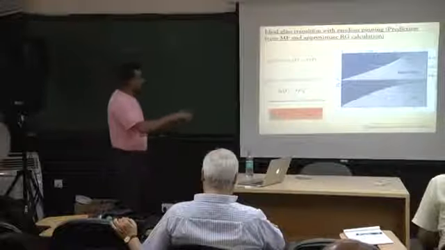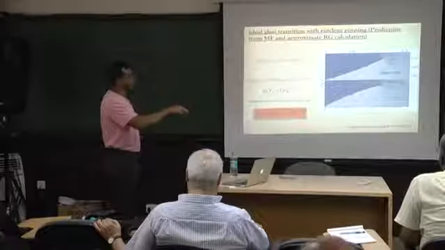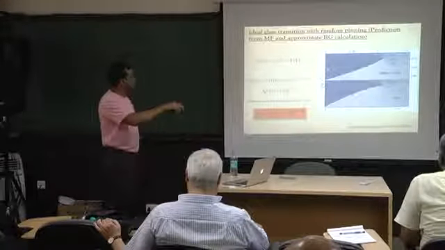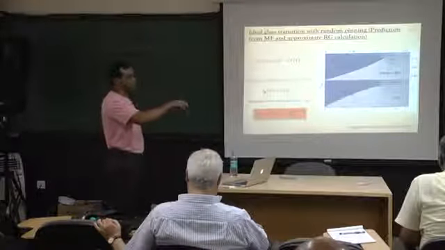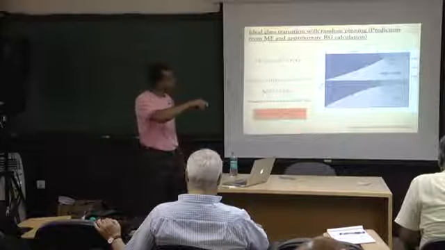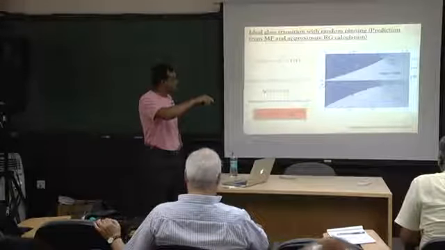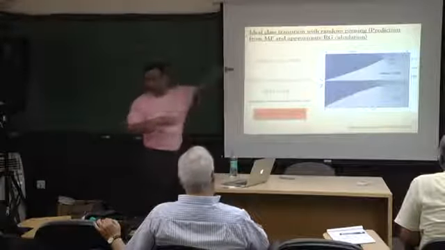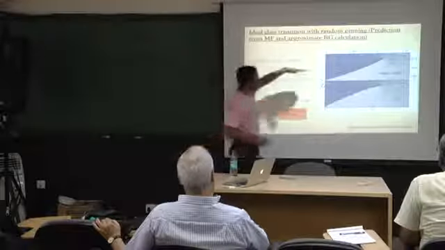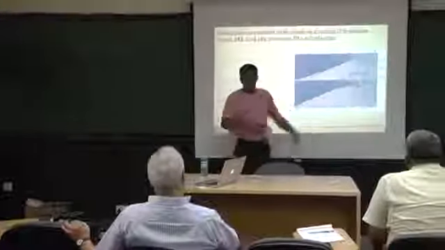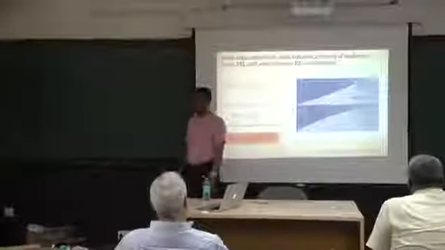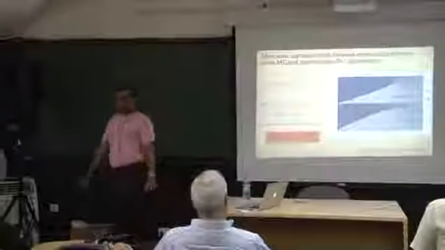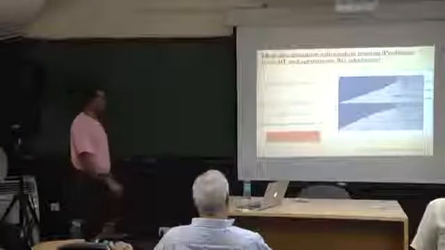If this phase diagram is correct, and you are at some higher temperature, somewhere here, where you can still equilibrate your liquid nicely, then you just walk along this line horizontally. You cut this glass transition line and you end up in the ideal glass state. So that was the proposal.